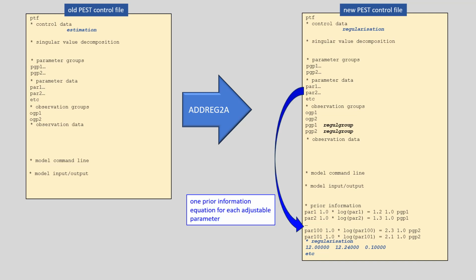So once again, one prior information equation is added to the prior information section of the new PEST control file. One prior information equation for every parameter, which suggests to PEST that the preferred value of that parameter is its initial value as listed in the parameter data section of the PEST control file.